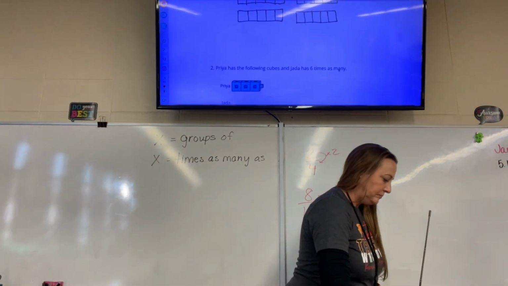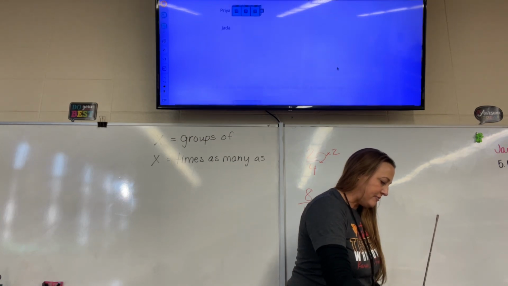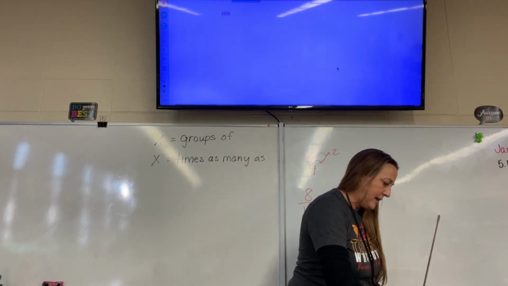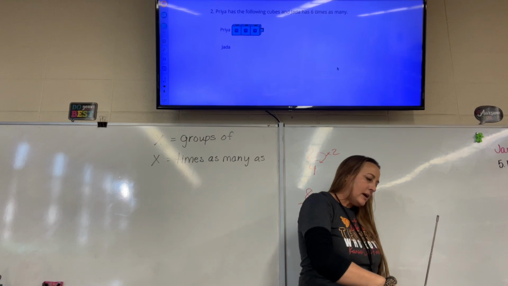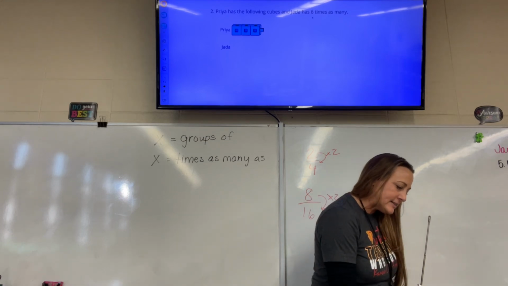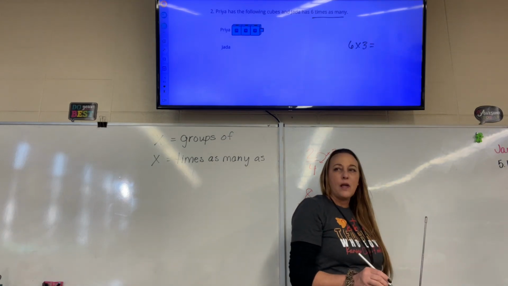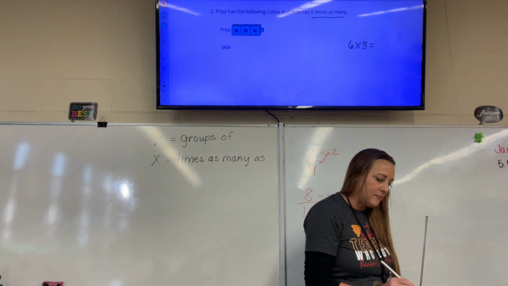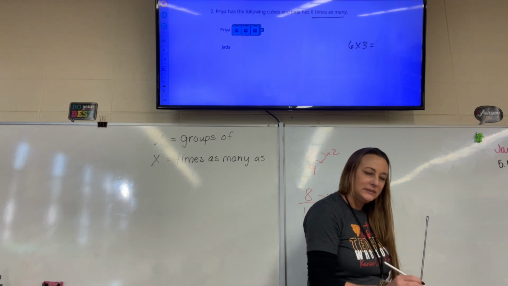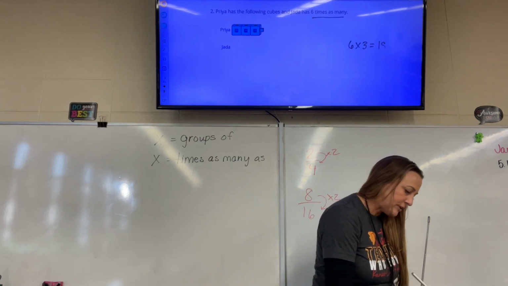Okay. Priya has the following cubes, and Jada has 6 times as many. So 6 times as many as 3 equals what? Audrey? 16. No. Ari? 18. That's one of those tricky ones.